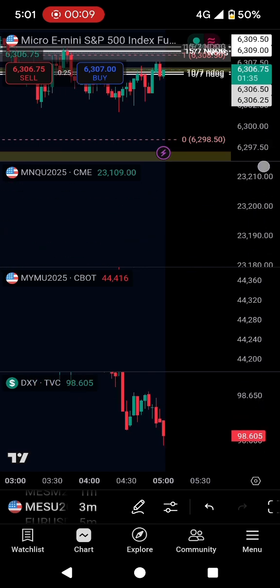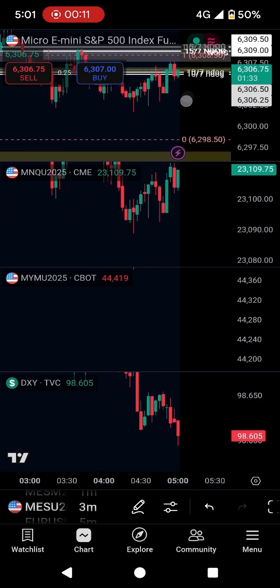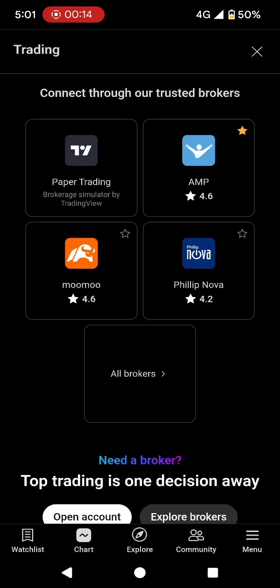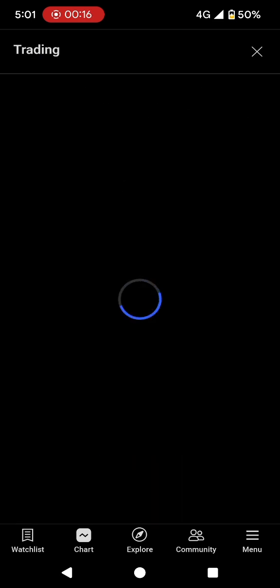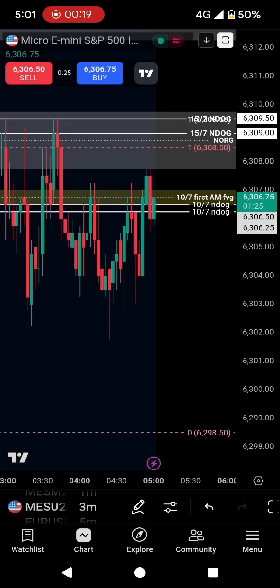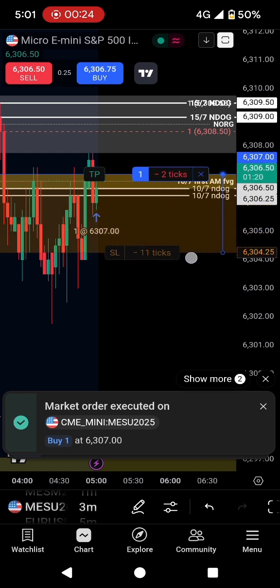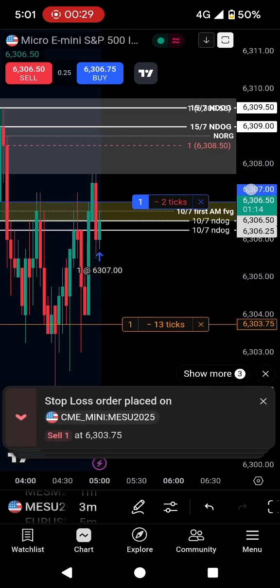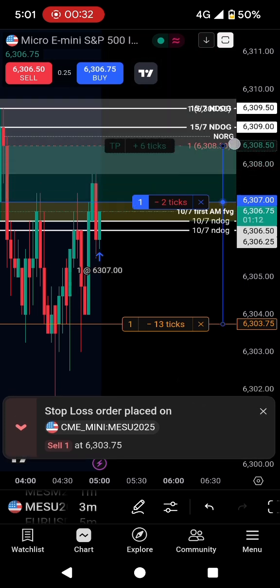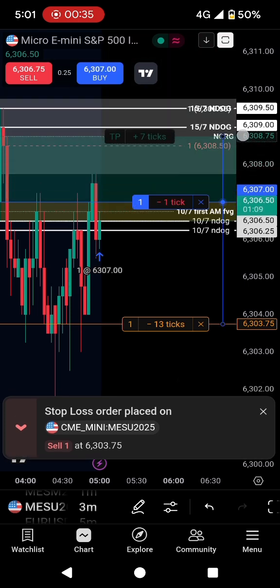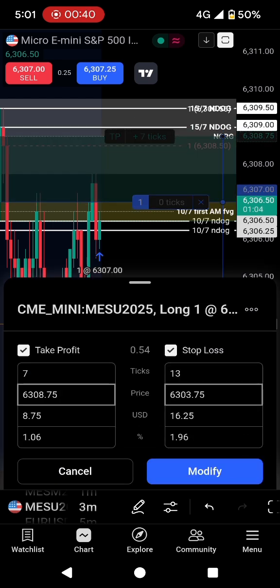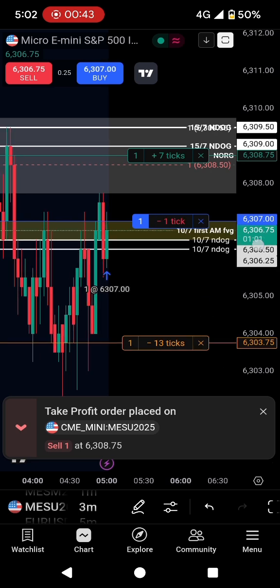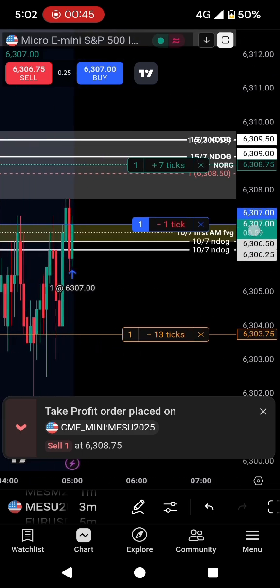Dollar downside, Nasdaq upside. So let's buy. So this is just a very small trade, okay.